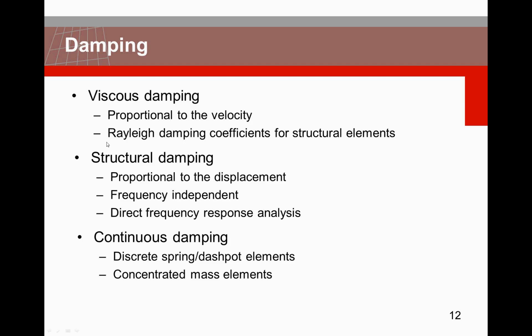In most cases, Rayleigh damping is given as Rayleigh damping coefficients for structural elements, and this damping is built from a contribution of the mass matrix and a contribution of the stiffness matrix, as we will see in the next slide.